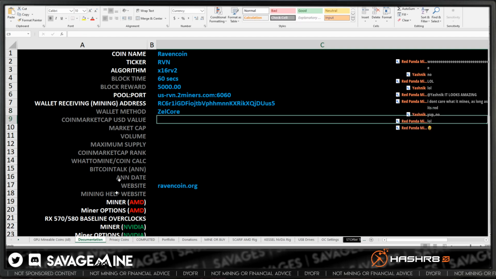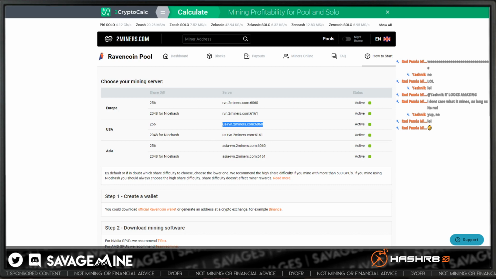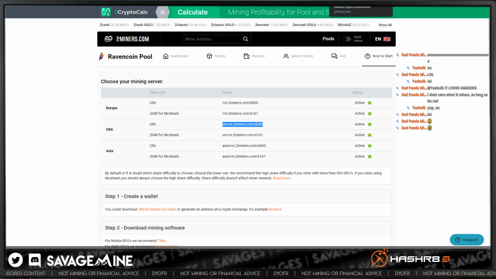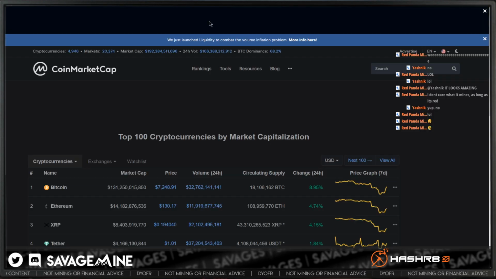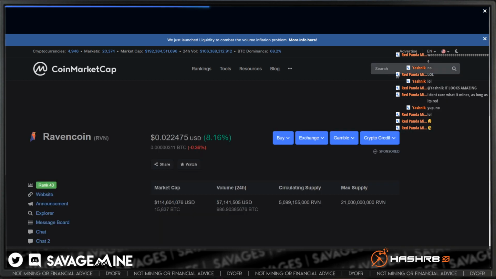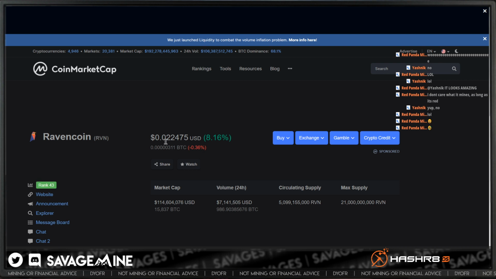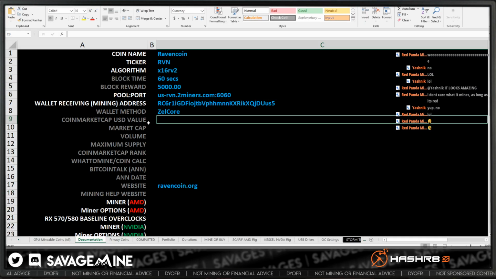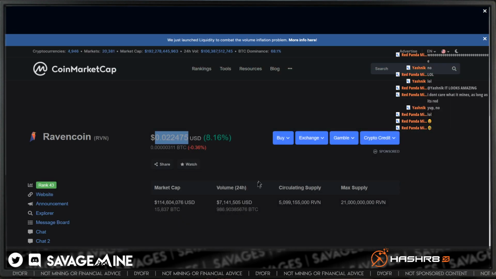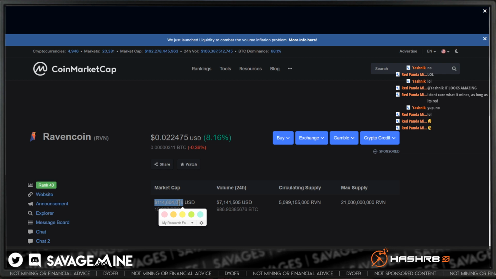All right, CoinMarketCap USD value. And anything that's grayed out on that spreadsheet, it's not really required, it's just good to have information. Again, kind of documenting your process. So we're going to go with CoinMarketCap value. Market cap is 114 million USD.